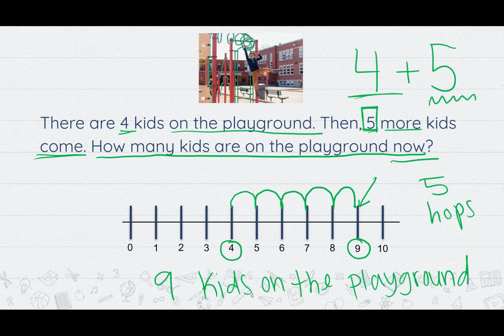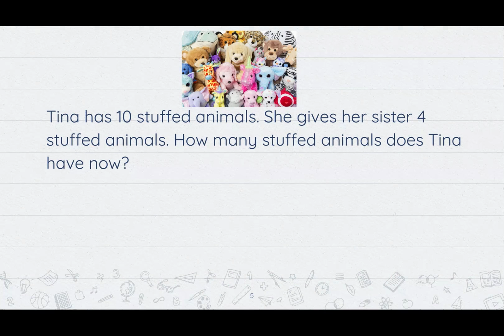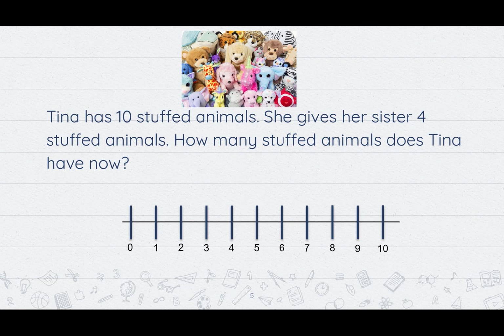Now we're going to look at some subtraction word problems. So Tina has 10 stuffed animals. She gives her sister 4 stuffed animals. How many stuffed animals does Tina have now? So let's see. She had 10, and then she gives her sister 4.